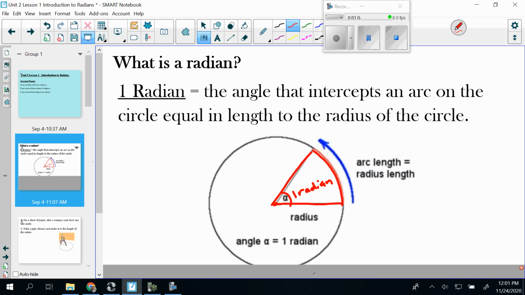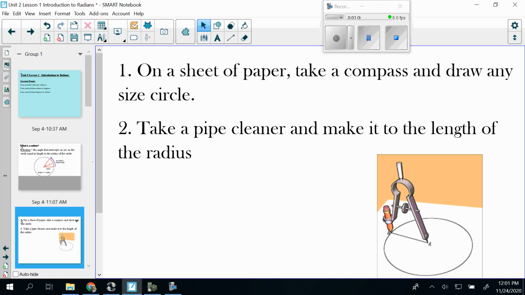If you wanted to draw this, on a sheet of paper you could take a compass, which we can use to make a circle, and draw a circle of any size, it doesn't matter.